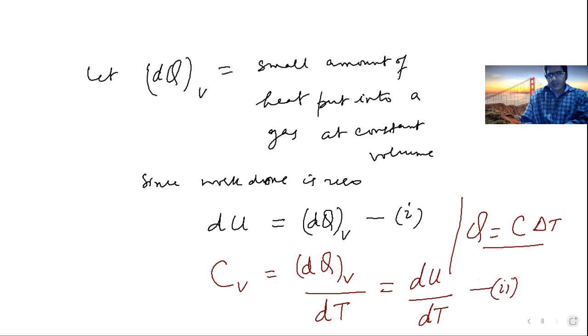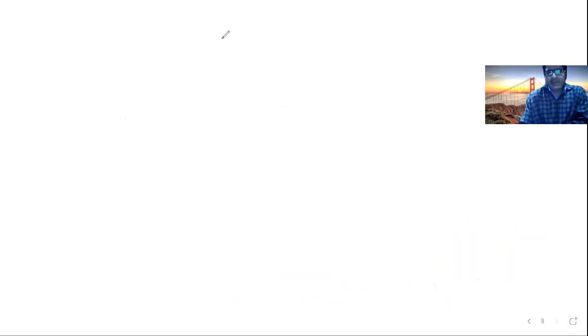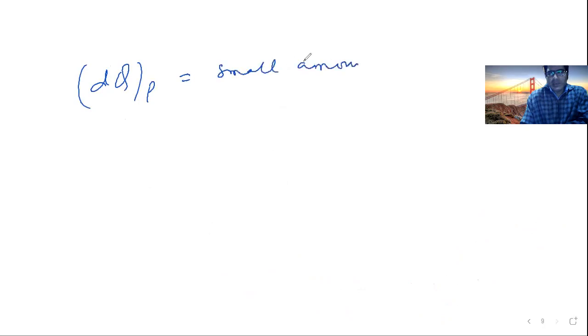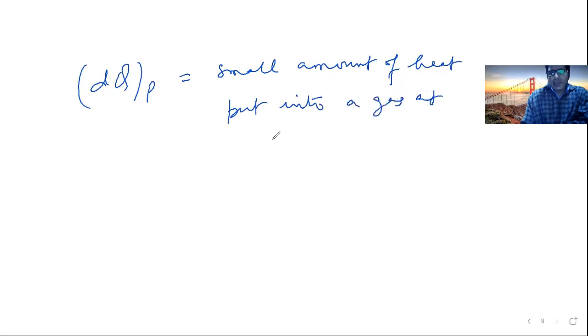Now move forward. Let dq subscript p be a small amount of heat put into a gas at constant pressure.